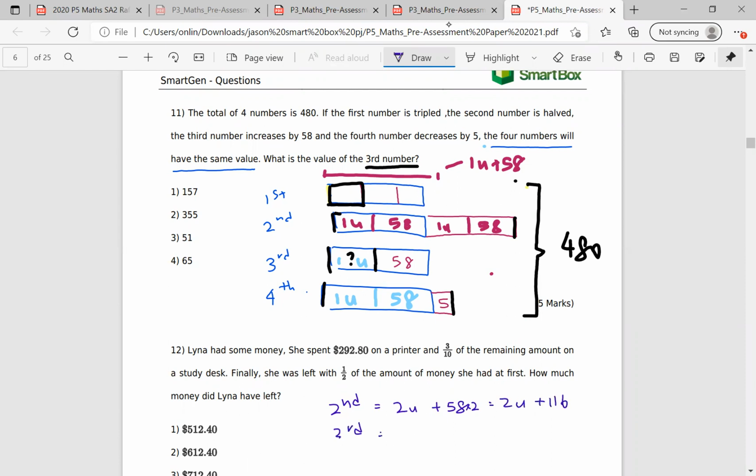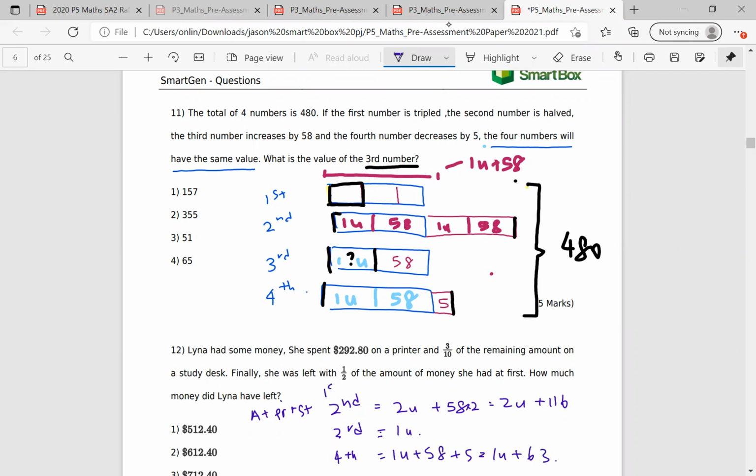The third one is equal to just 1 unit, because I'm looking at only the at first, which is until the black line there. And then the fourth one here is equal to 1 unit plus 58 plus 5. So we get 1 unit plus 63 here.